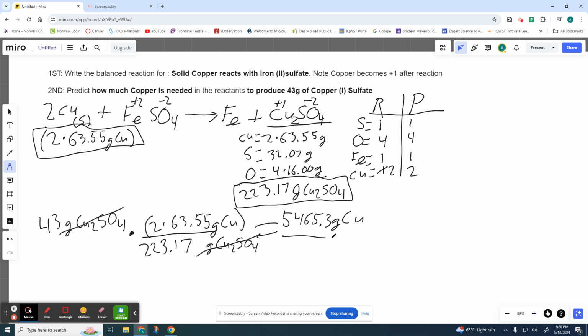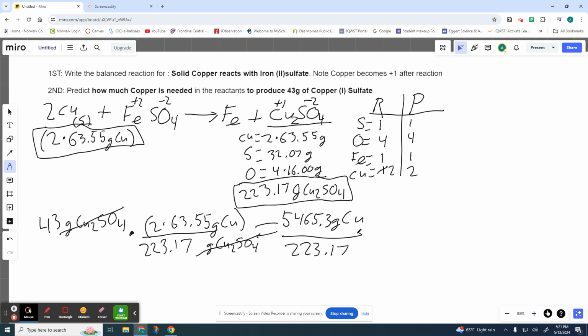But I also got to bring over this 223.17 grams. Well, it used to be grams copper 1 sulfate, but it got canceled. So bring that over. And we're just doing classic unit multipliers we've been doing since physical science and throughout chemistry off and on throughout the year.